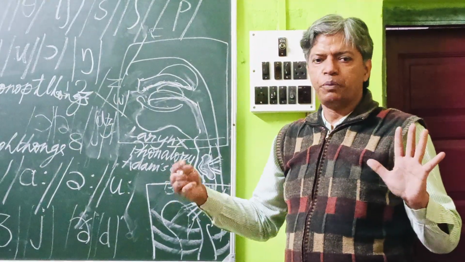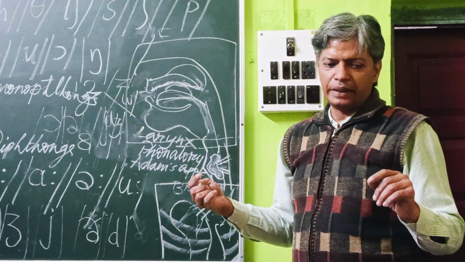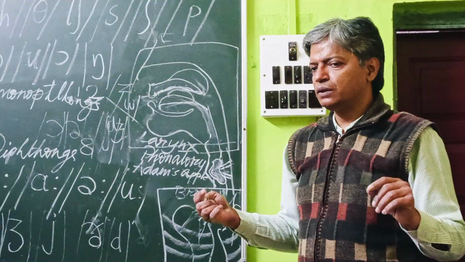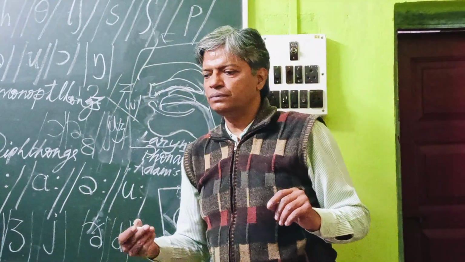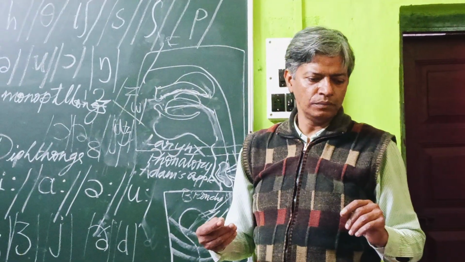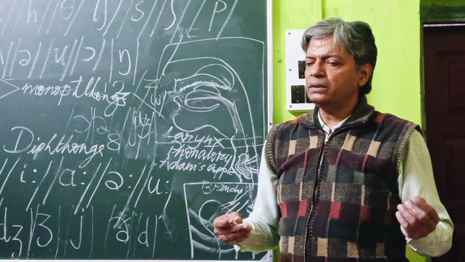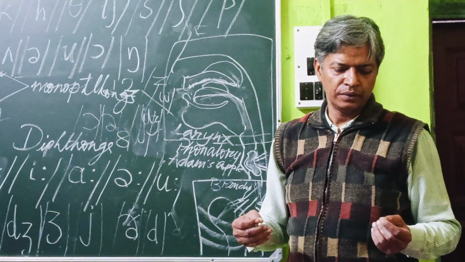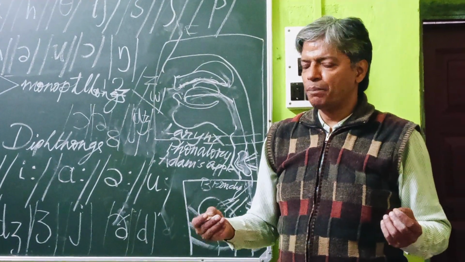Write the sentence: poor, P-O-O-R, bay, B-A-Y, boy, now, go, buy, B-U-Y, pear, dear. I repeat again: poor.